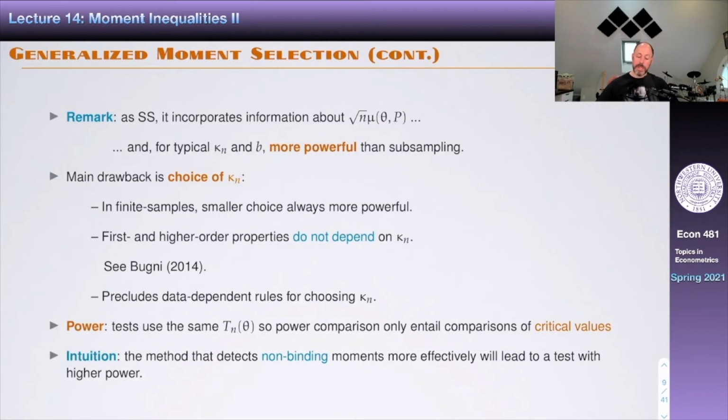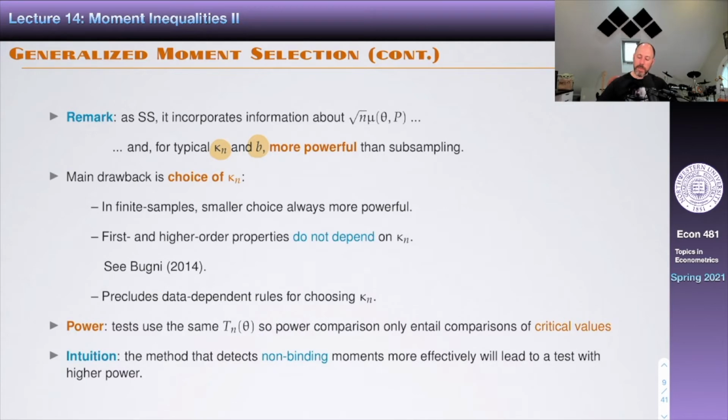So, remarks. I said subsampling and GMS provide comparable information about square root n mu. Subsampling did square root b mu. Here we have this function s that depends on the ratio. But for typical choices of kappa and b, which are the tuning parameters of GMS and subsampling, this approach is going to be more powerful.